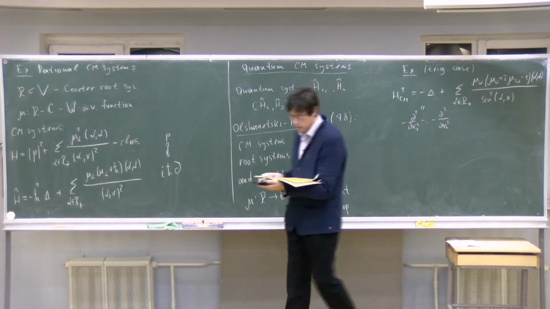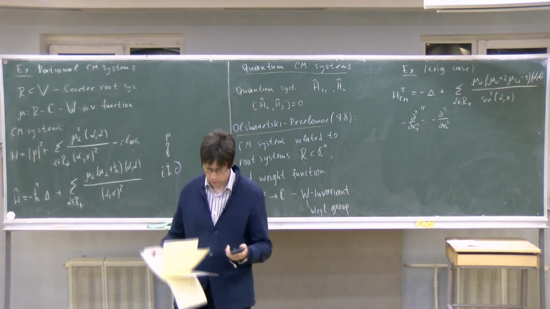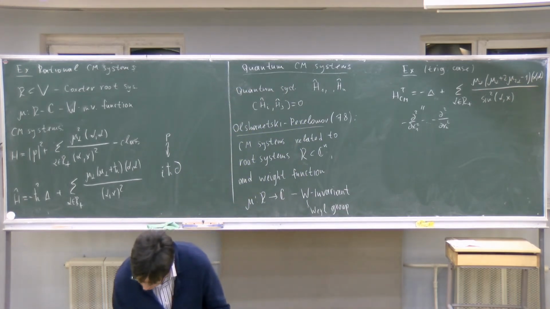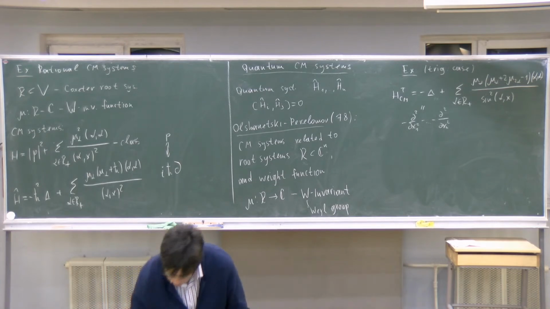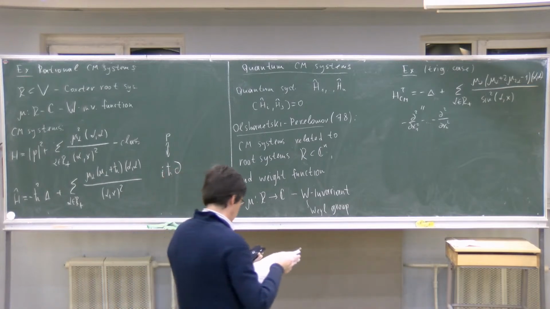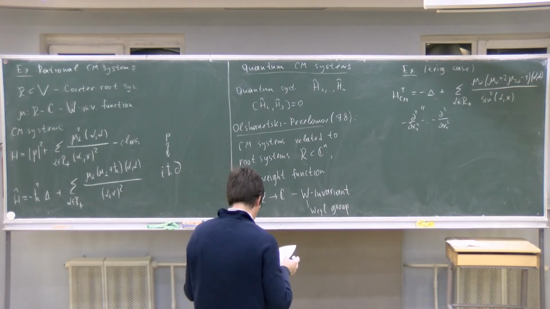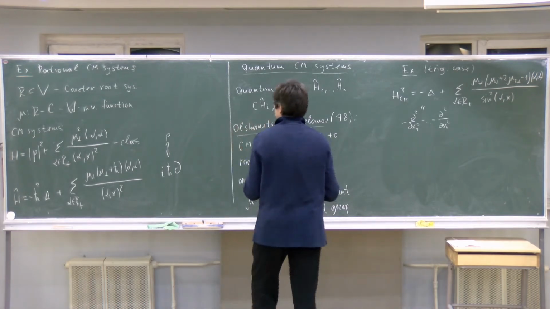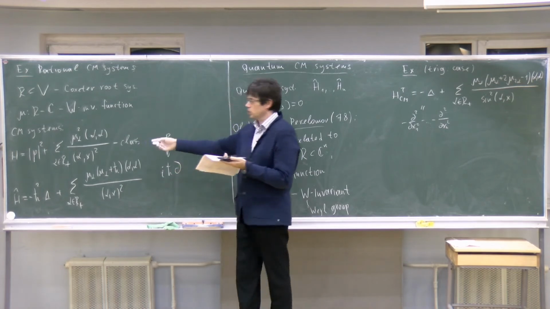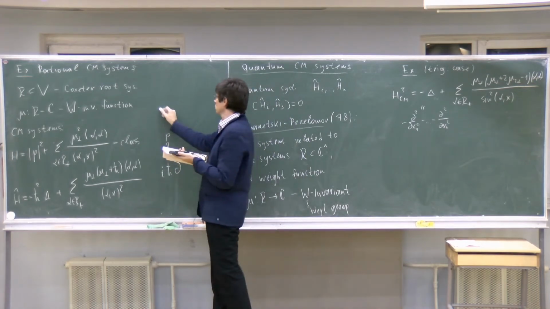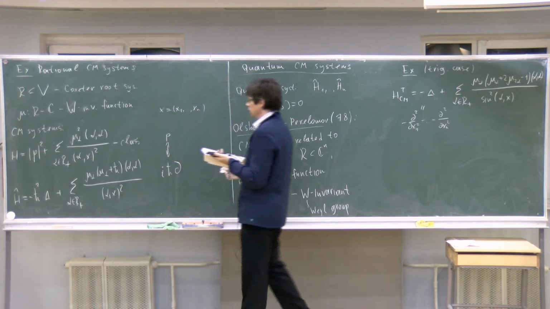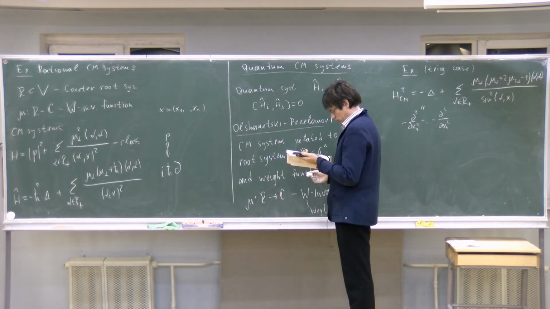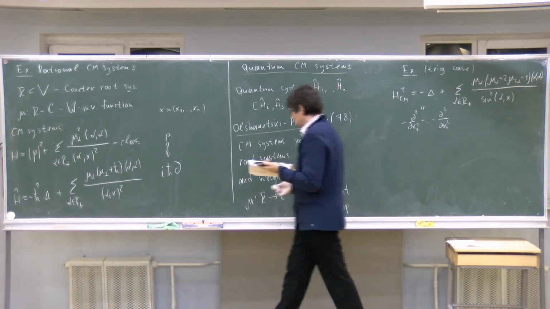Let me take the next note. What is x in these expressions? Alpha is a vector, and x is also a vector. So x is equal to x1, up to xn.